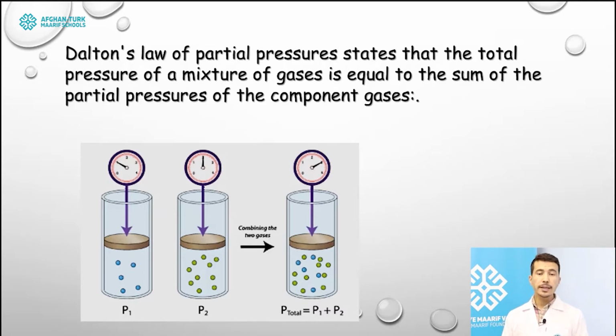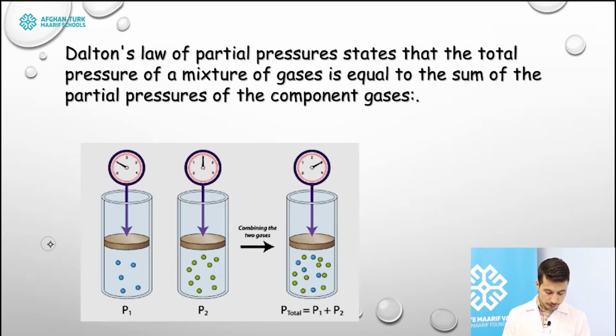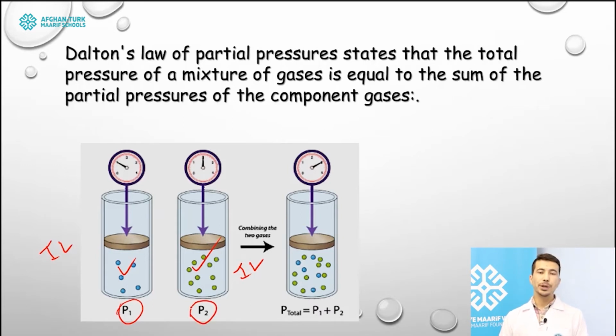Okay, let's consider that we have two containers. First container and second container. Each one of them has 1 liter volume. The pressure over here is P1 for gas 1, and the pressure for the next gas is P2.